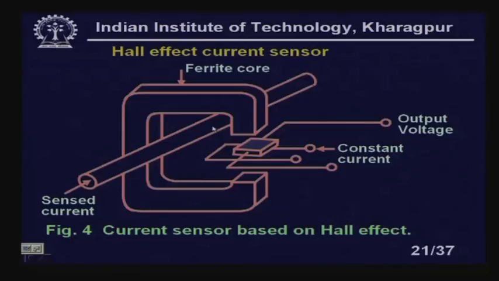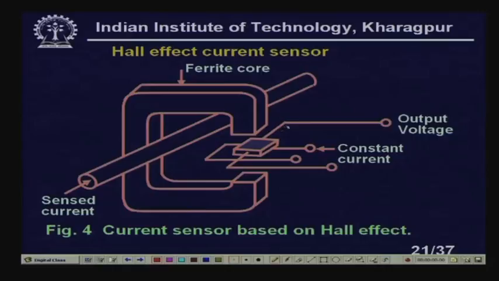Right, and I am sending a constant current through this. Okay, current is entering here, current is coming out of this. You see, current is coming through here and going through this and coming out through this one, right. I am measuring the output voltage across these two terminals, this terminal and this terminal.